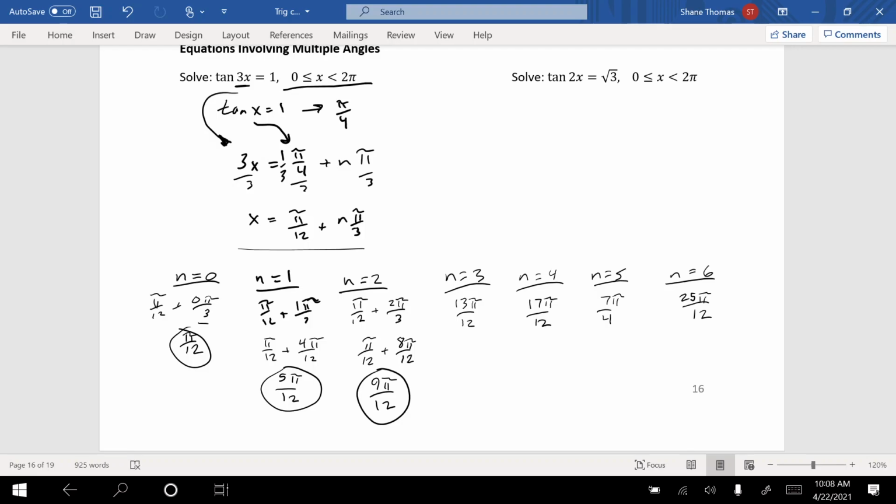So I go through here, and I wrote those out, and then I'm going to stop right there. 13 over 12, is that still less than 2 pi? Yep. About 17 over 12. 7 over 4. 25 over 12. No. So I don't have to go any further. I have 6 answers there. Those 6 would all fit in that range. Therefore, those would all be answers for that.